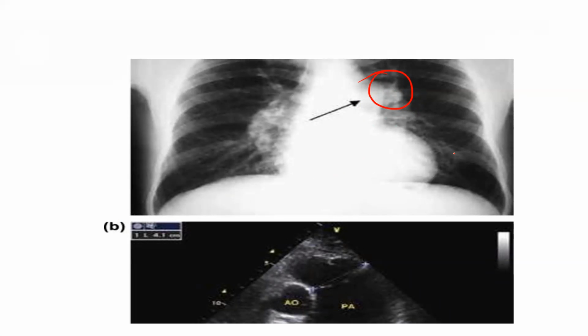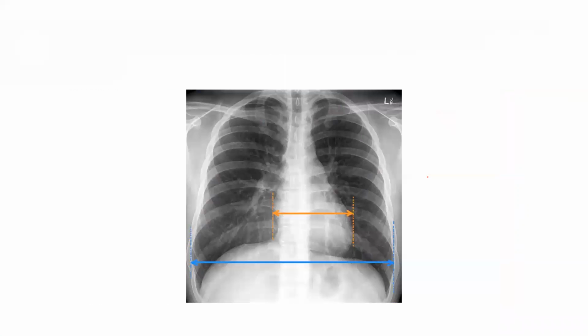What else? You'll also see dilation of the right ventricle. As I told you, there's hypertrophy and dilation of the right ventricle. This is your normal right ventricle. We mainly look at the cardiothoracic ratio. Just see this blue mark. From this end to this end is the cardiac, and from this end to this end is the thoracic. We take out the ratio, and the normal ratio is 0.45 to 0.55.